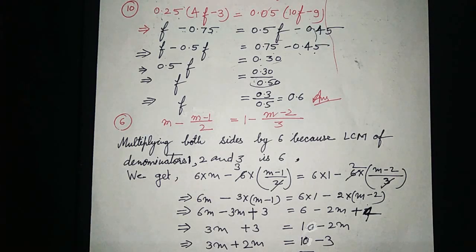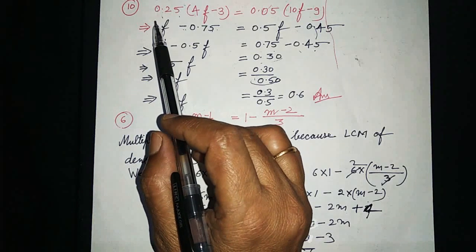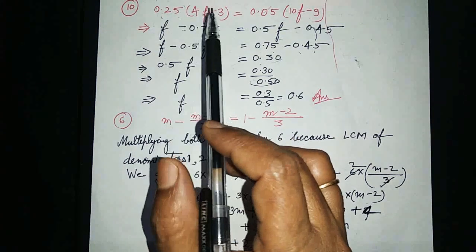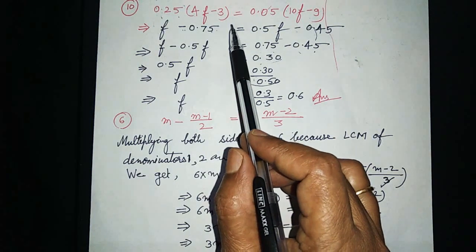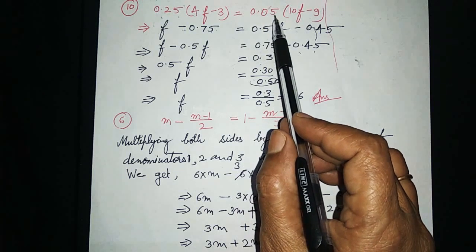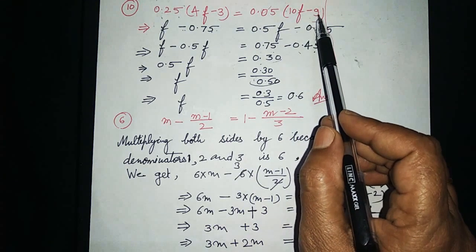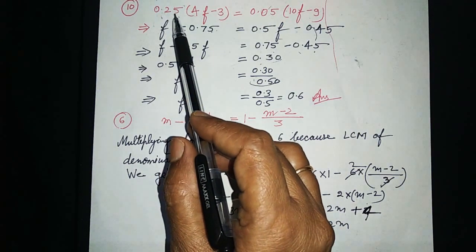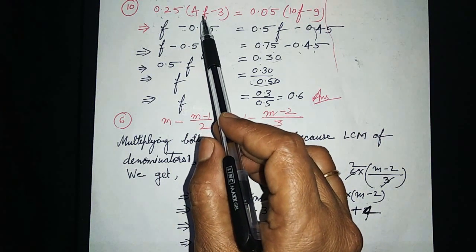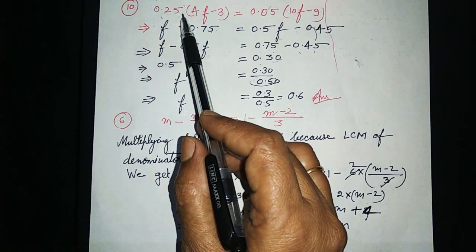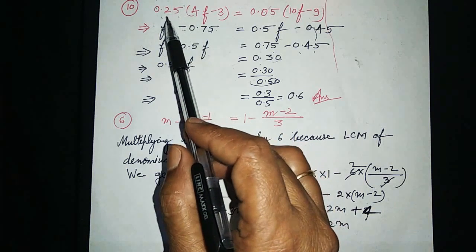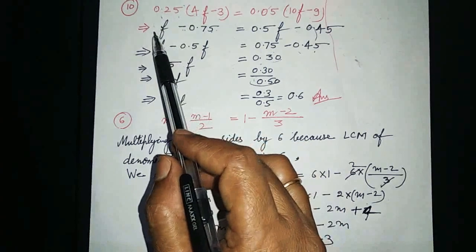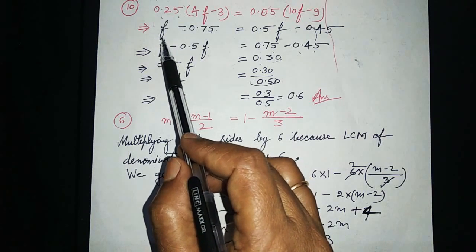Now students, see the question number 10. Question 10 is 0.25 into (4f minus 3) is equal to 0.05 into (10f minus 9). Here first we will multiply 0.25 and 4f. We will get 1.00f, and we can say 1f, or we can write only f.